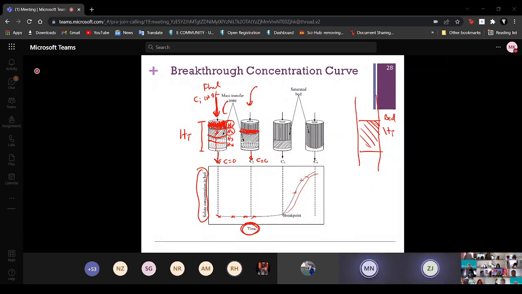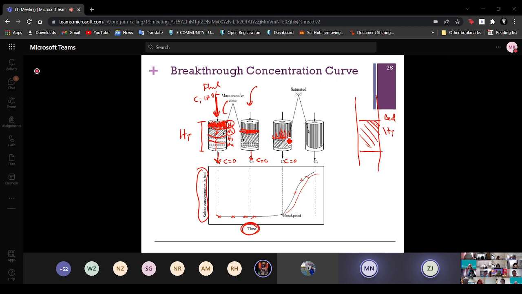And then you feed in more, same thing, and it passes over to the third section. Alright? So now the third section, and the fluid comes out, and the concentration is still zero at that time. C is still zero. The third section will do adsorption.